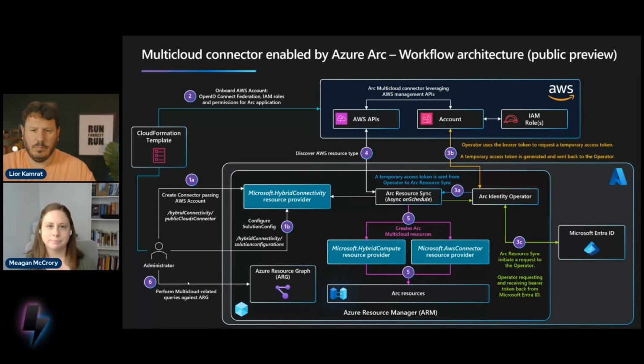Yeah, these types of architecture diagrams really help to illustrate what's happening behind the scenes. And the thing here is that this is thoughtful. It's not a very simple implementation behind the scenes.